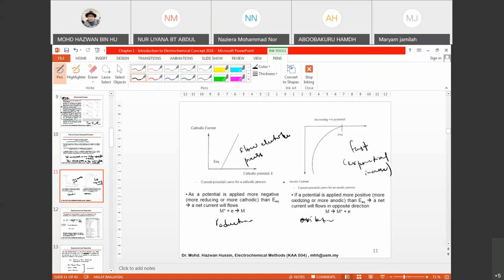So in a nutshell, an electrochemical process is a combination of fast and slow processes, where the fast process occurs at the anode and the slow electrode process occurs at the cathode. Is it clear?